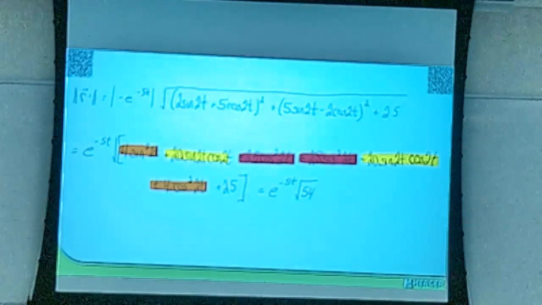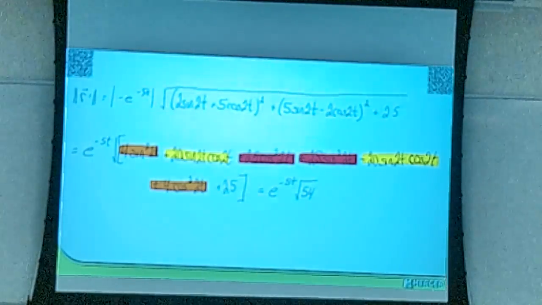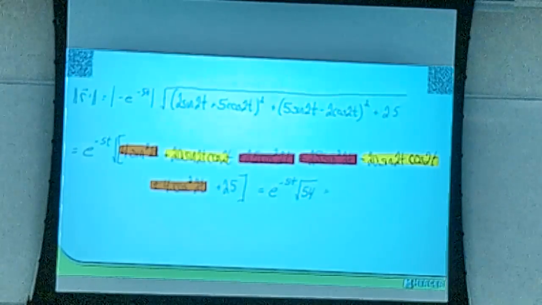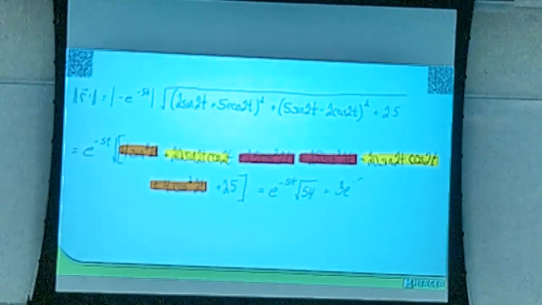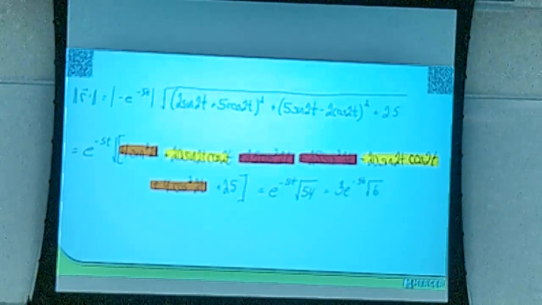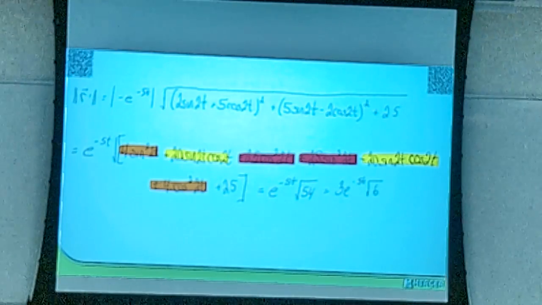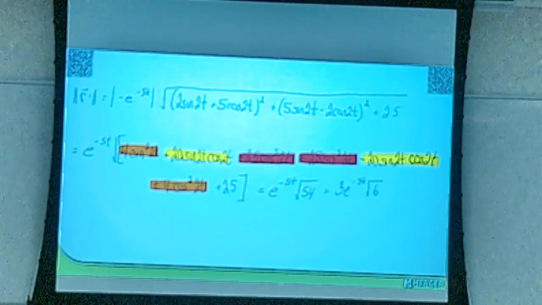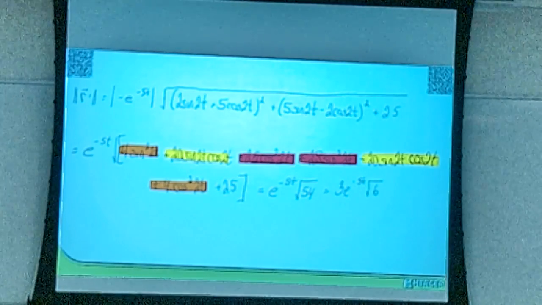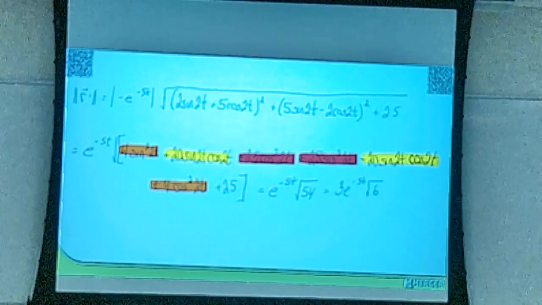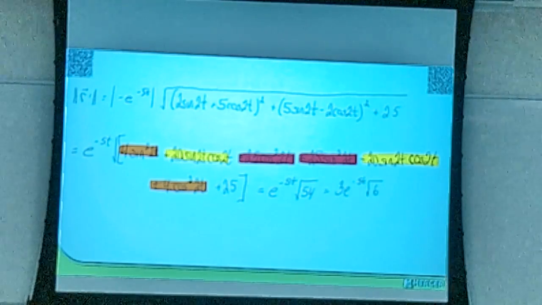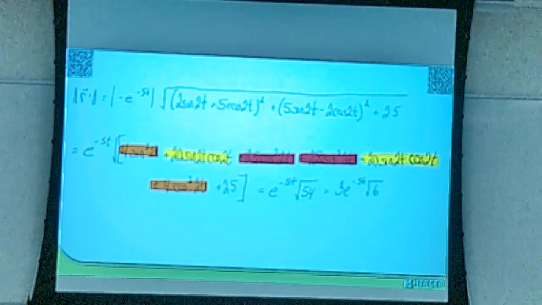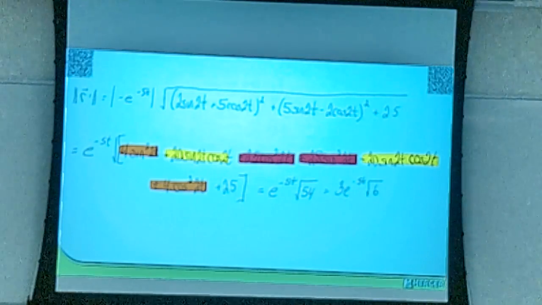You have a perfect square in there. Thankfully, that square root simplified very nicely. Imagine if it didn't. You can start to see how maybe the arc lengths are kind of hideous.